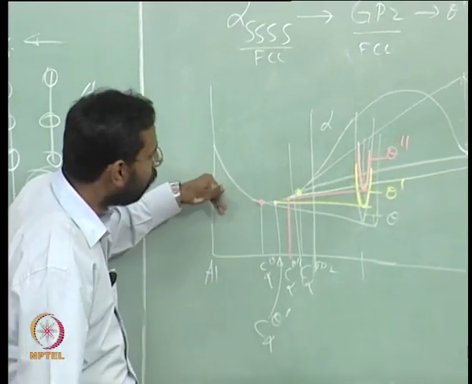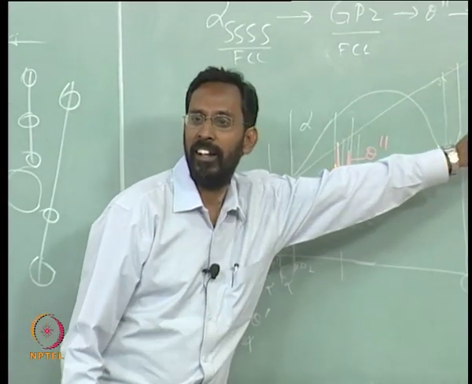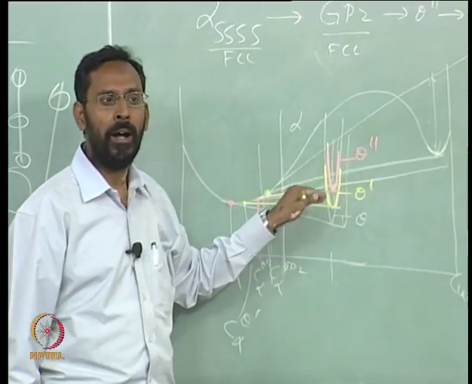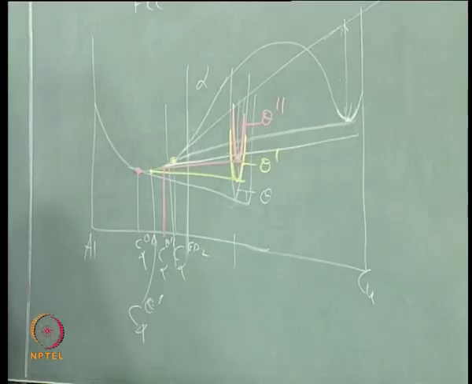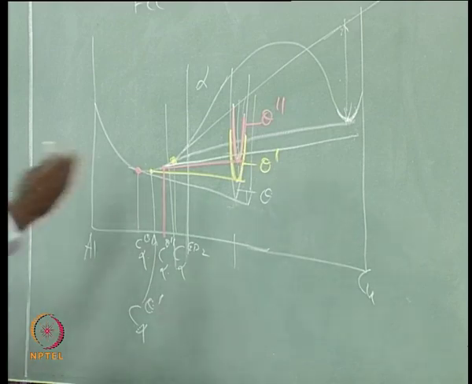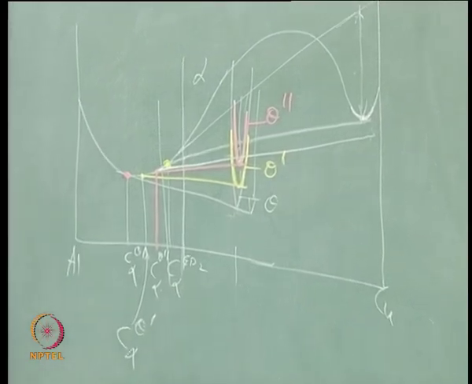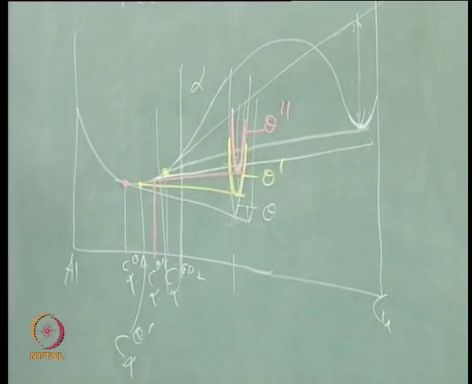If I choose an alloy of that composition and draw a tangent, I will see that the GP zone and theta double prime will be above the tangent. Once they are above the tangent, there is no driving force for them to precipitate. So if I keep on shifting the composition towards the left side, you will see each of the phases dropping off one by one.